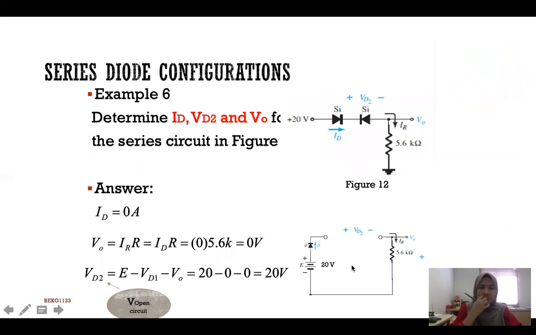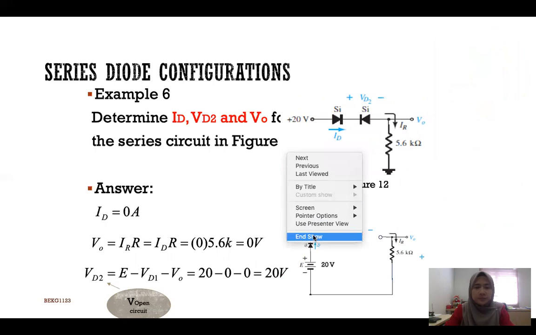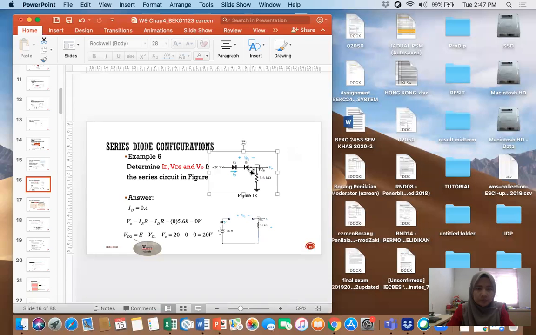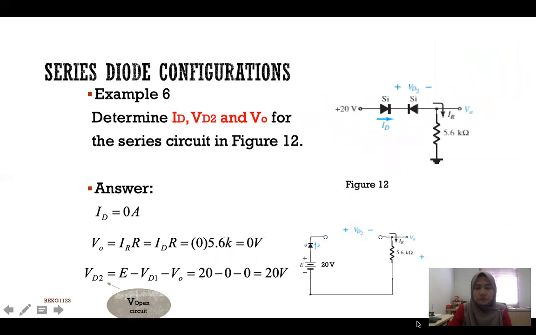Next, let's look at example 6. Given this circuit, determine ID, VD2, and also V naught for the series circuit in figure 12.